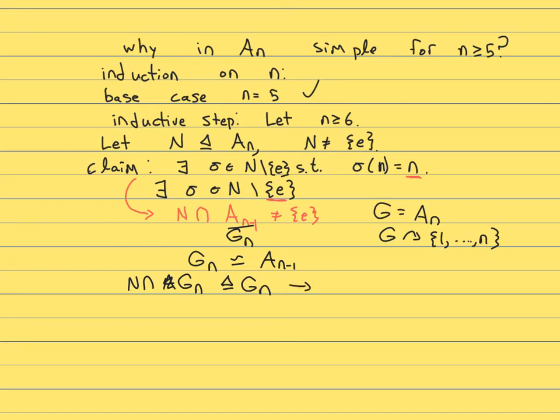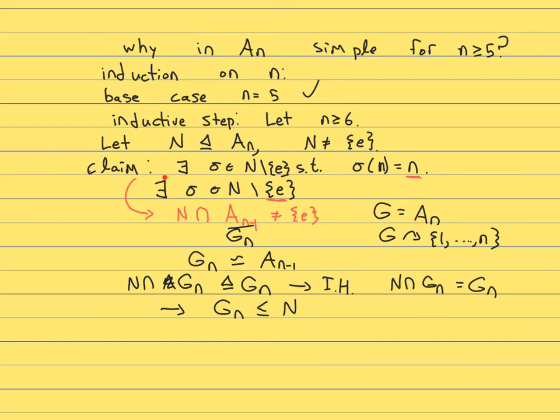And so by induction hypothesis, since G sub n is a smaller alternating group that's still bigger than 5, we can conclude that N intersect G_n is equal to G_n, which would tell us that G_n is a subgroup of our normal subgroup. So this approach allows us to apply our inductive hypothesis, and that's what we're going to do.